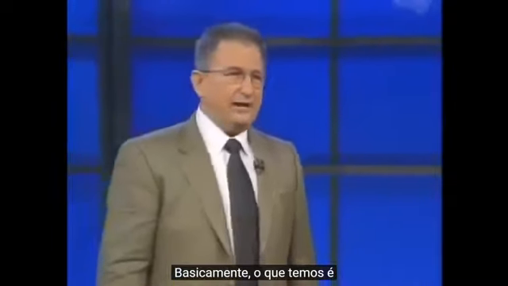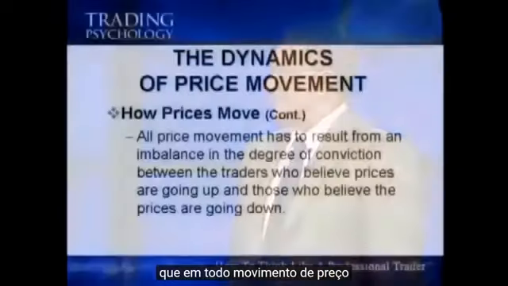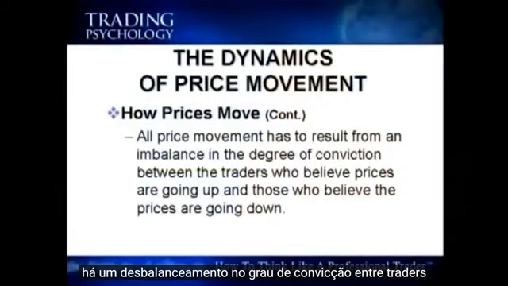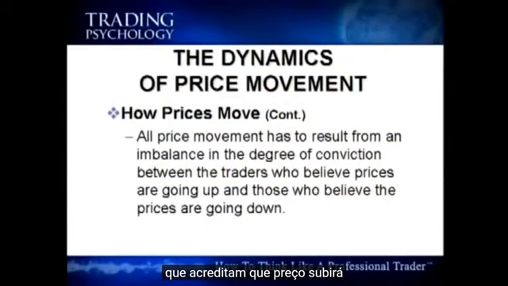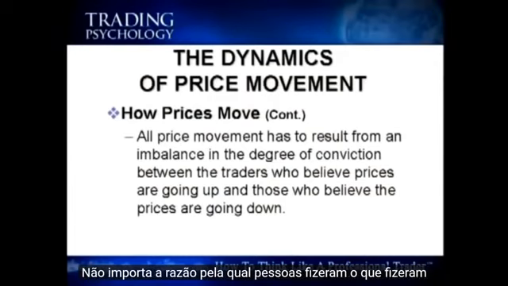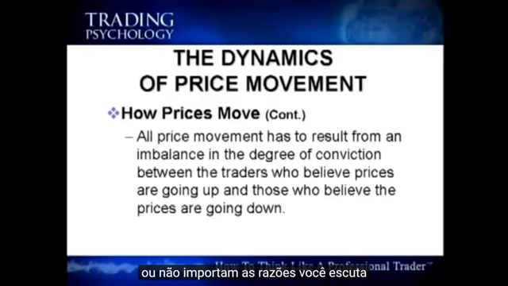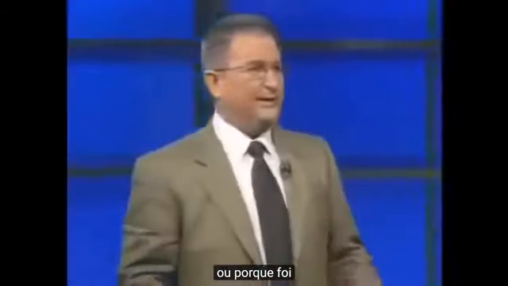So basically, all price movement has to be a result of an imbalance in the degree of conviction between the traders who believe that prices are going up and those who believe that it's going down. That is the only way that prices move. It doesn't matter what reasons people tell you about why they did what they did, or what reasons you hear on CNBC or elsewhere about where the market is and why it went the way it went.